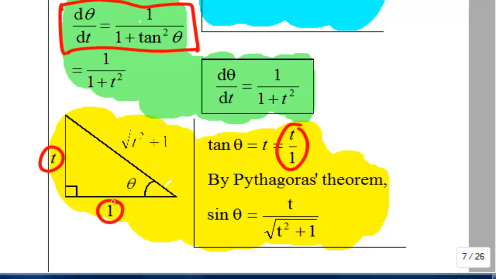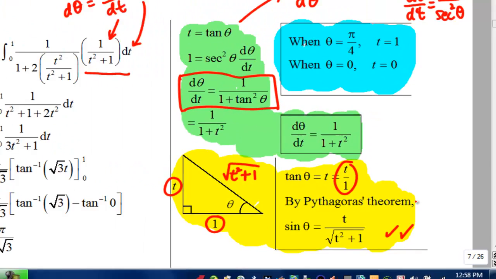And by Pythagoras theorem, this gives us square root t square plus 1 for the hypotenuse. Why are we finding the hypotenuse? Because we are actually finding sine theta in terms of t. So since sine theta is opposite over hypotenuse, we will now have sine theta as t divided by square root of t squared plus 1.